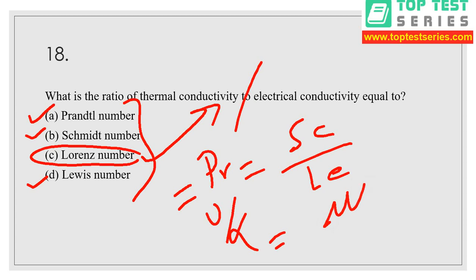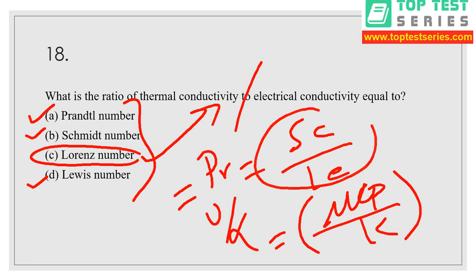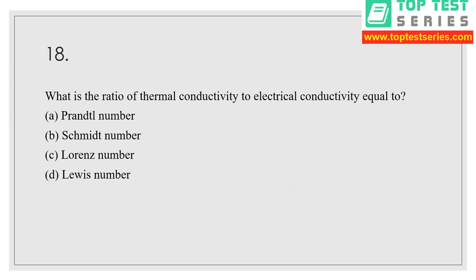Nu by alpha is equal to mu Cp by K, right? Prandtl number is equal to Schmidt number by Lewis number, right? Although all these numbers are dimensionless numbers, all right?